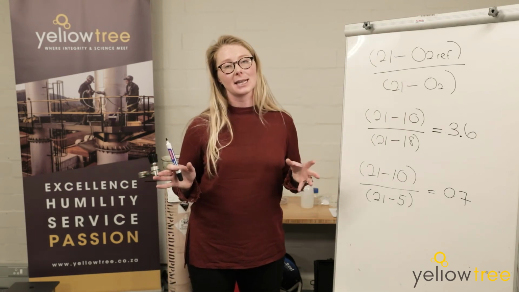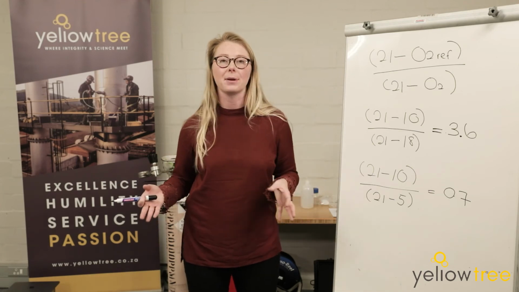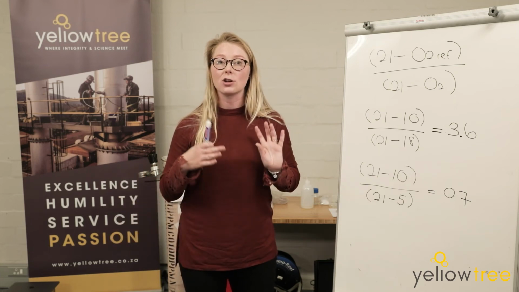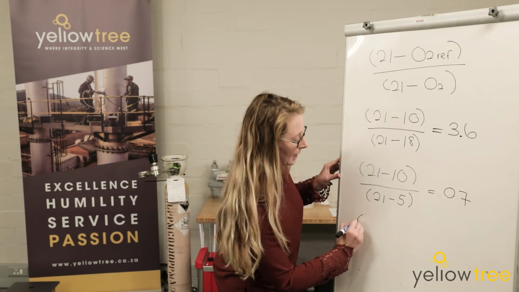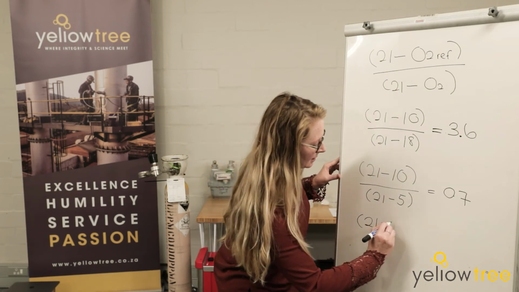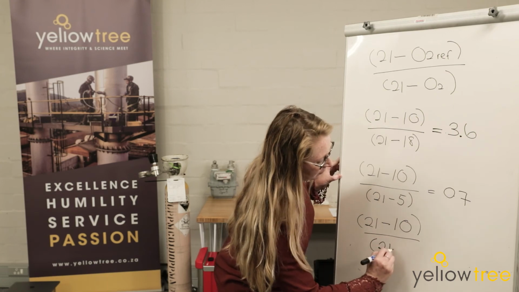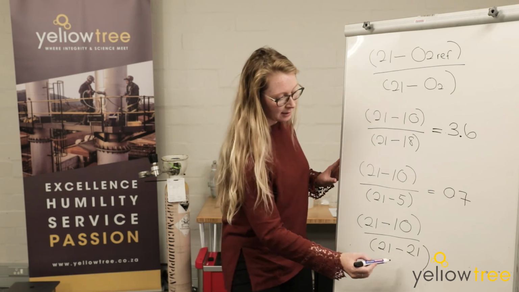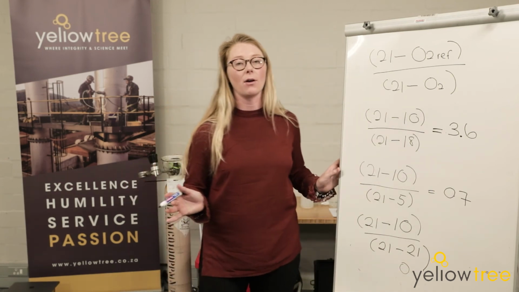If you have a process that is happening at ambient conditions, so no combustion is happening, you will be measuring an oxygen concentration of 21% downstream of the process. And what's going to happen when you put that into your equation is that the bottom of your equation becomes 0. And we know that we can't divide by 0.